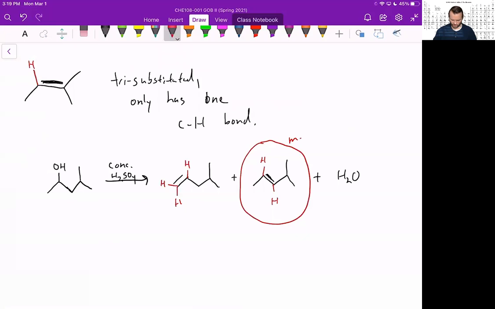Therefore, that is the major product. What's on the left would be the minor product. Major means you would get that in a greater amount; minor means you would get it to a lesser degree. And that's how you draw the products for, and predict what the major product will be for, the dehydration of alcohols into alkenes.